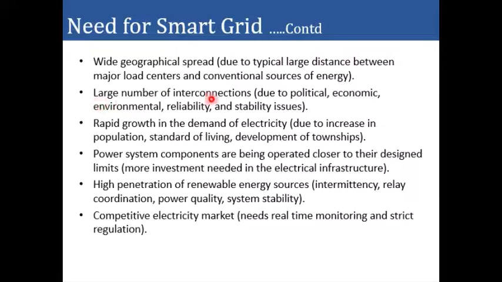We have large number of interconnections because of political, economic, environmental or reliability or stability based reasons, and this will again cause some issues because when you have large interconnections, the power flow needs to be properly monitored and controlled in almost real-time environment.